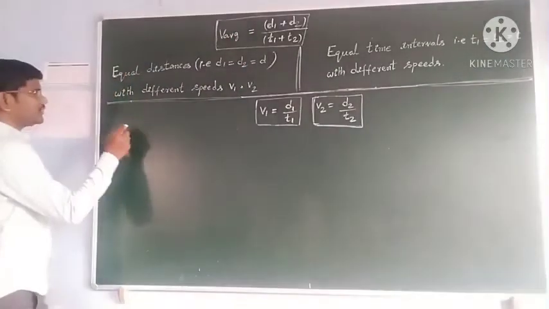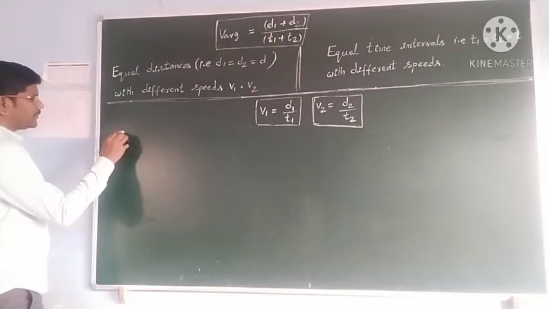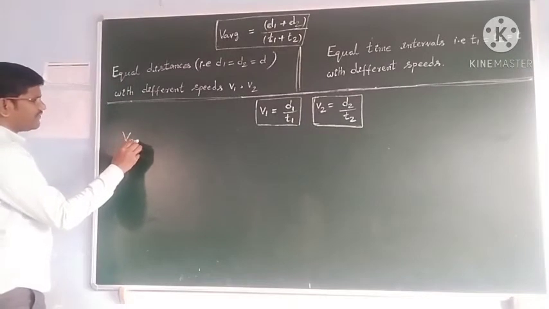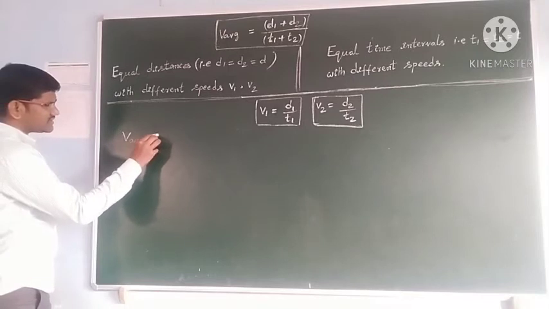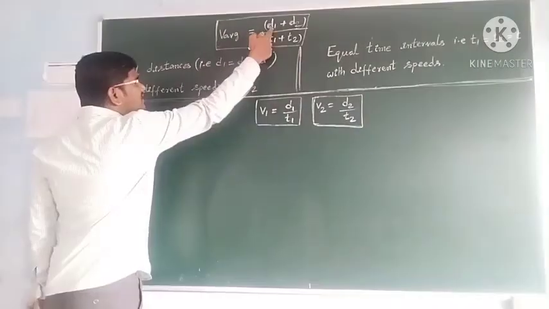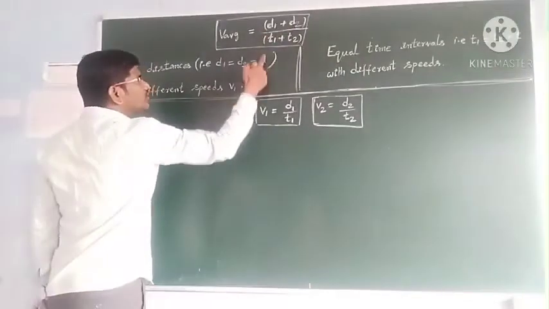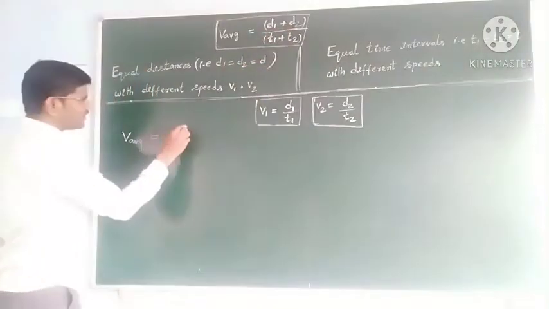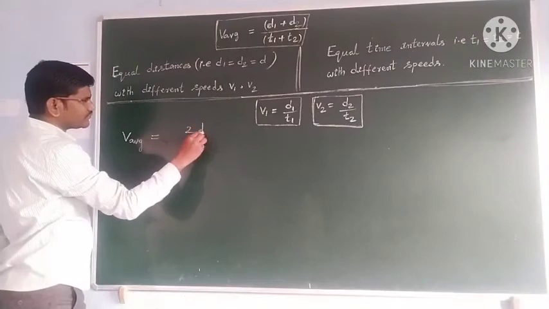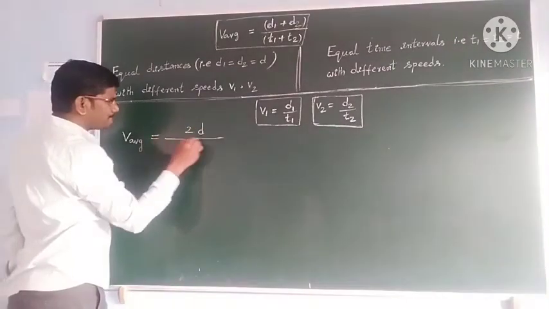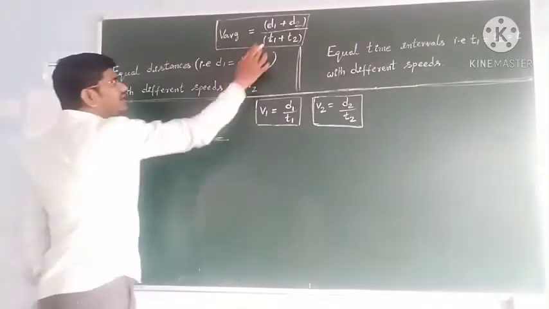You see, then V average, the average speed, is equal to distance d1, which is d, plus d2, also d, so d plus d I can write 2d, by t1.